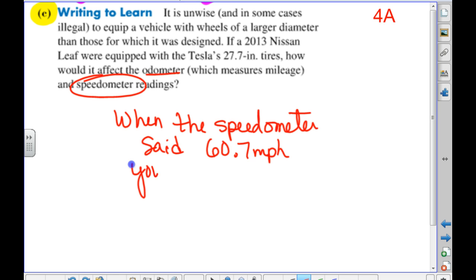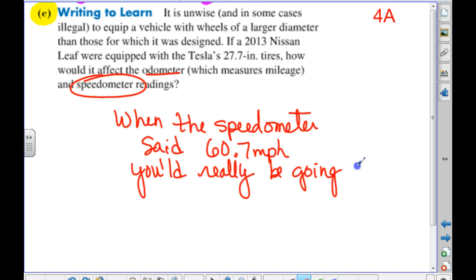You would really be driving, it was almost 66, 65 point. Okay, is that good enough explanation? We kind of get the idea?